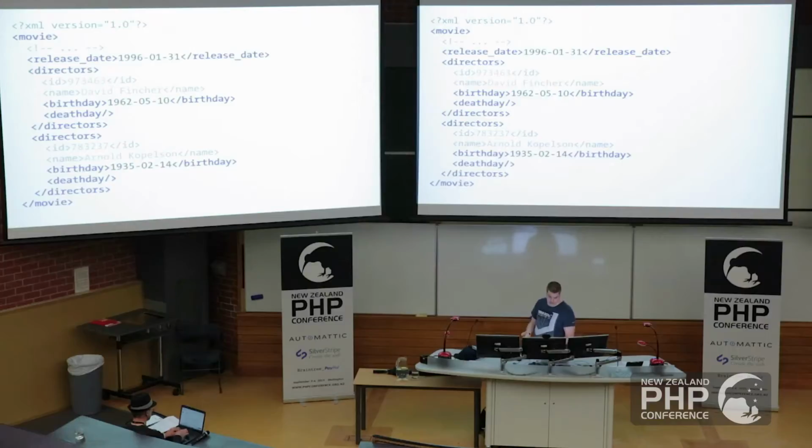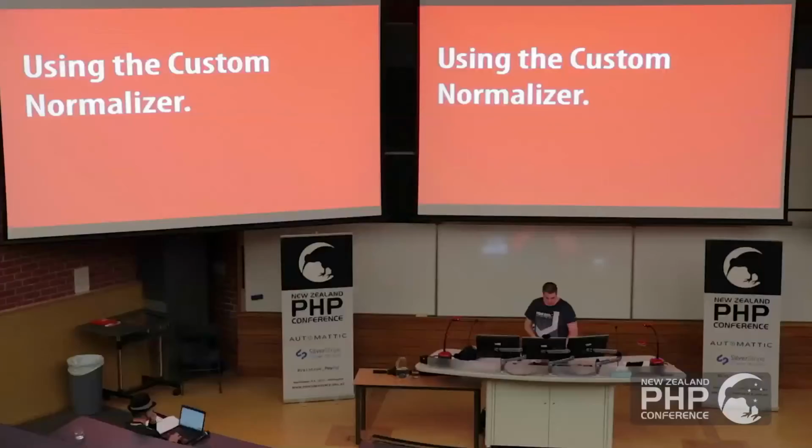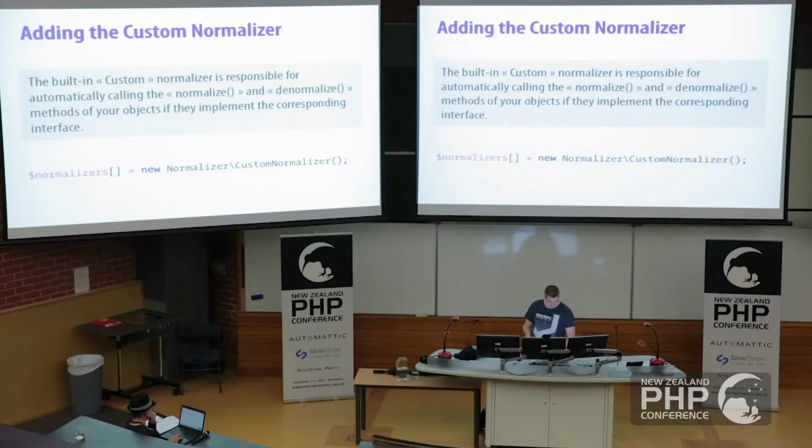So now when I serialize my movie object, the release date, the birth date of any user, and the death dates are also serialized to just year, month, and day representation. We are not serializing the whole datetime object. And so same in JSON.